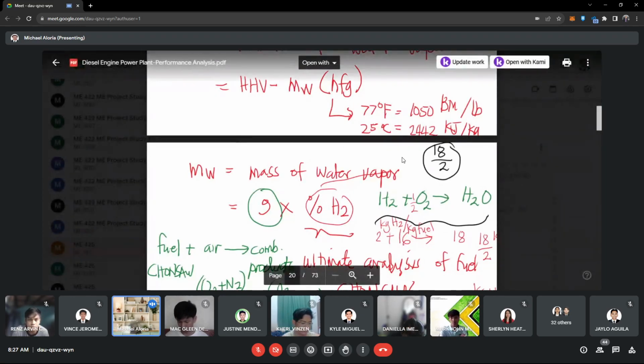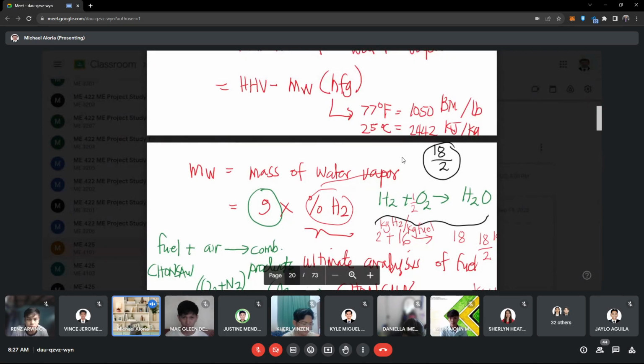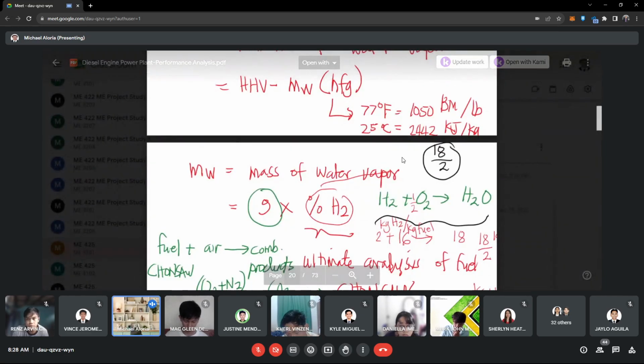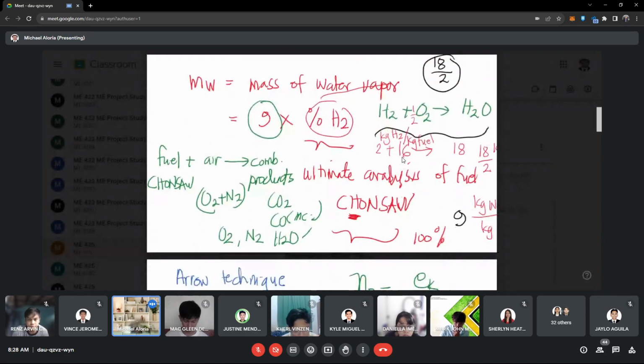We balance the equation. So, we need 18 kilograms per mole per 2 kilograms of hydrogen. So, that would serve as your 9 times percentage. Okay?